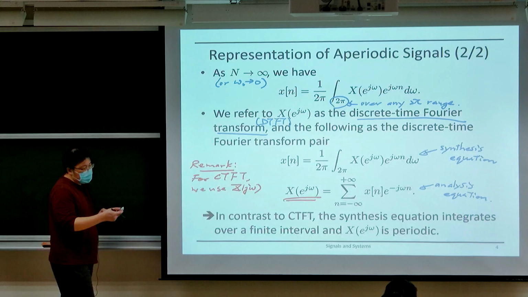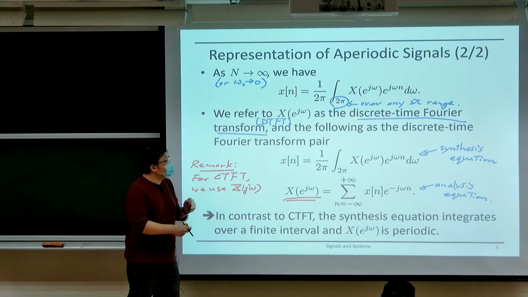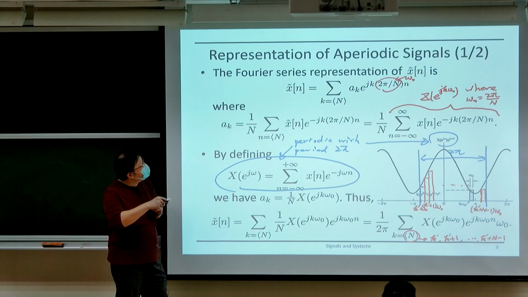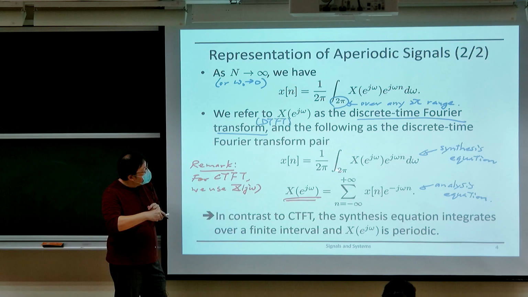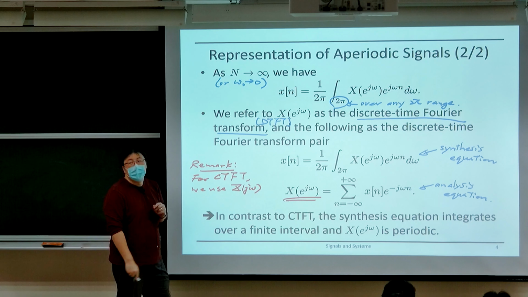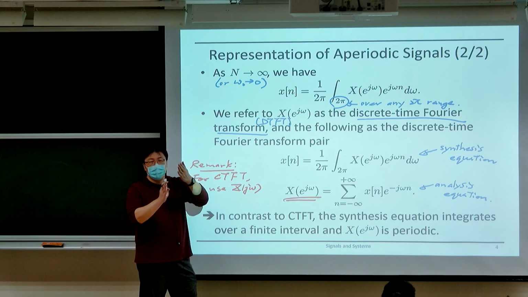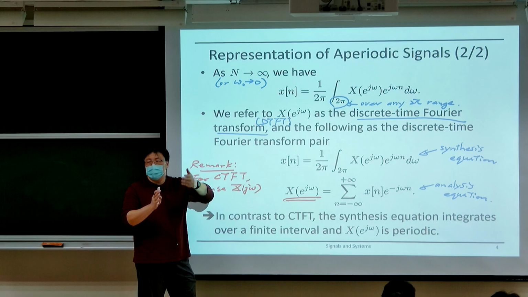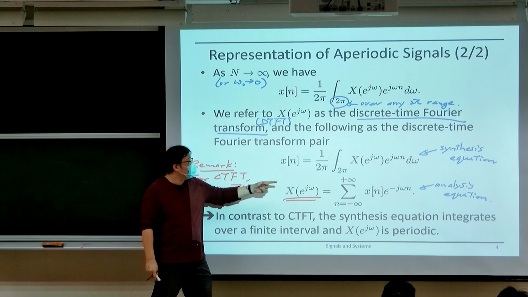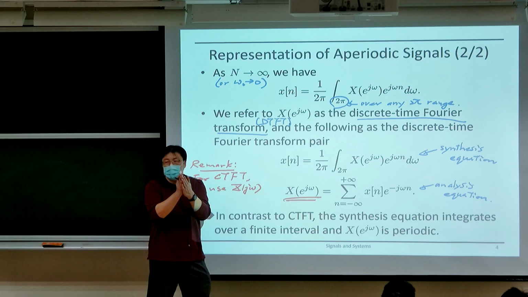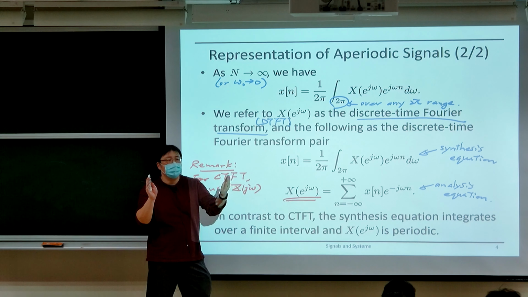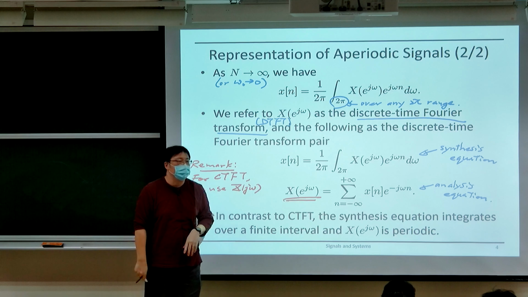All right. So I mentioned that when going from periodic to aperiodic, the difference is that for periodic, you're summing over discrete frequency components, whereas for aperiodic, you're integrating over infinite frequency components, a continuous range of frequency components.